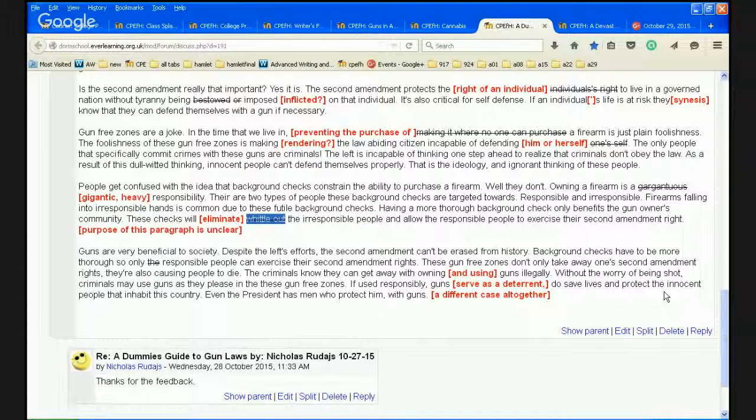I kind of wanted to point something out, that you have all these people who keep saying guns are bad, guns don't protect people, guns don't save lives, and the hypocrisy is they themselves are being protected by people with guns.